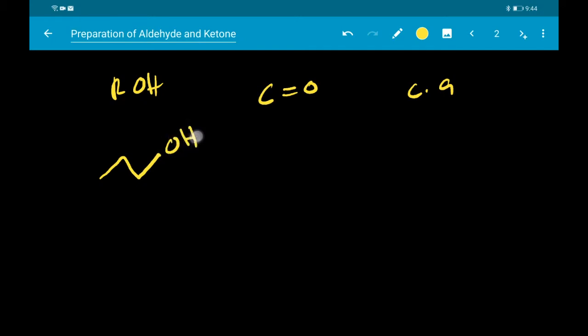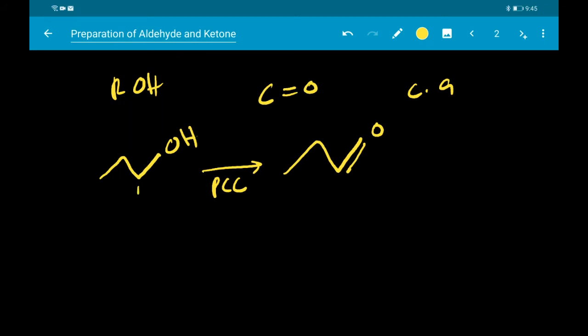Let's talk about the oxidation reaction first. If you still remember this diagram, we have alcohol, the carbonyl group, and finally the carboxylic acid. If we have a primary alcohol, for instance propanol, and oxidize it with a weak oxidizing agent such as PCC, it will stop at an aldehyde.